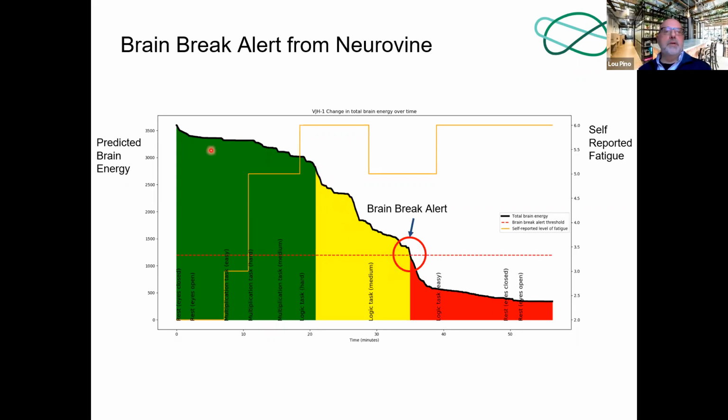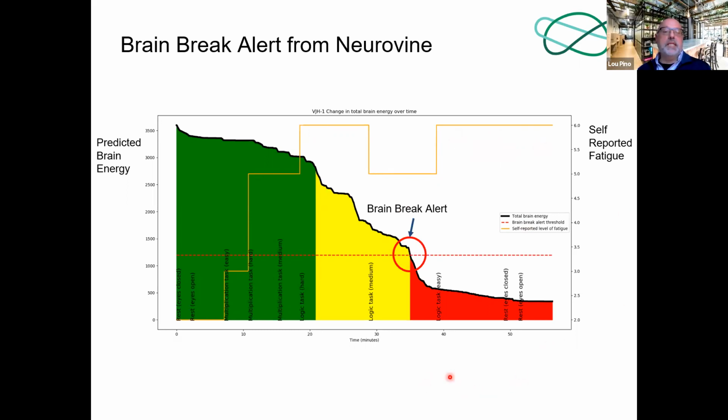We can also see here an example where the user was resting and the brain energy stays flat, meaning that their brain energy didn't deplete very quickly. The orange line here shows their self-report of fatigue, or how tired they were. And the higher the number here, the more tired the user was feeling. We can see that this user's brain break alert happened well before there was a long period of fatigue.